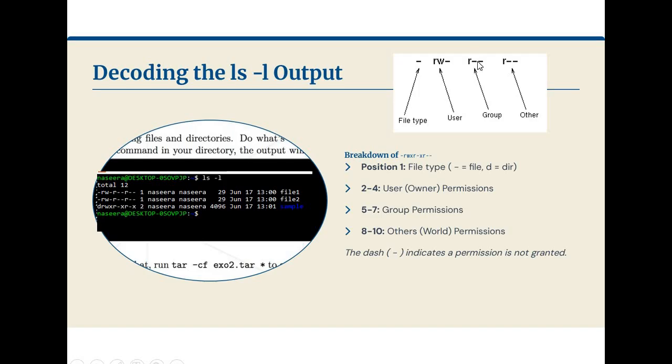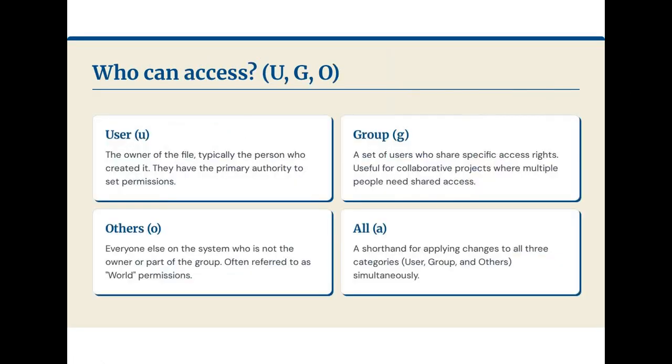There is no write and execute permission for group. For others also, read permission is there, no write and execute permission. In UNIX, the symbol used to represent user is U, G for group, O for others, and small a represents all the users including user, group and others.